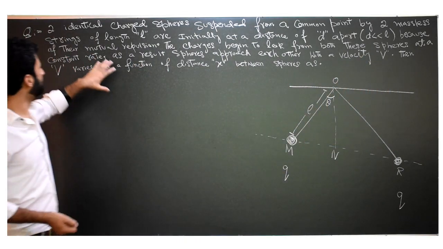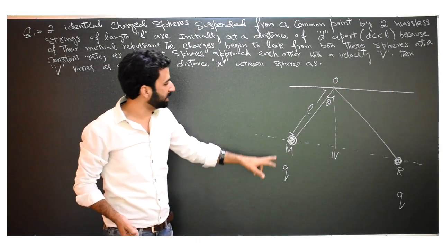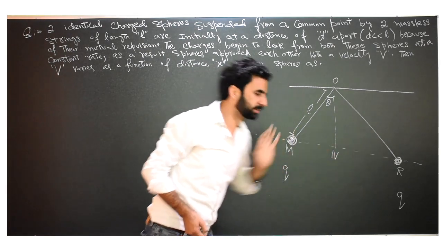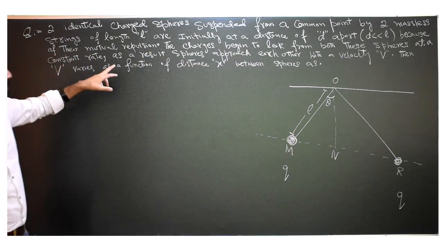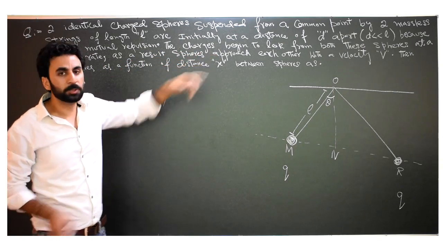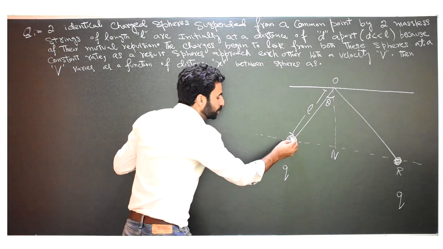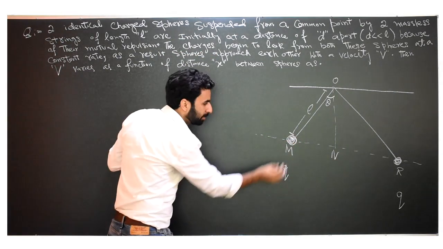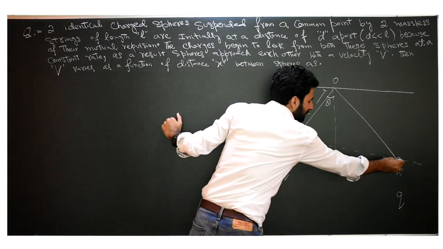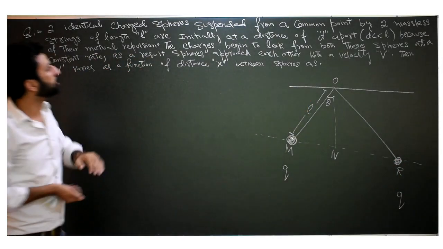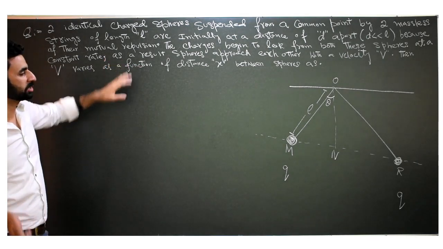But after that, there will be electrostatic repulsion between these two charged spheres. Now the charges begin to leak. So this was a charge Q, now this charge begins to leak. Some of the charge leaks out, and similarly from the other sphere, but at a constant rate.